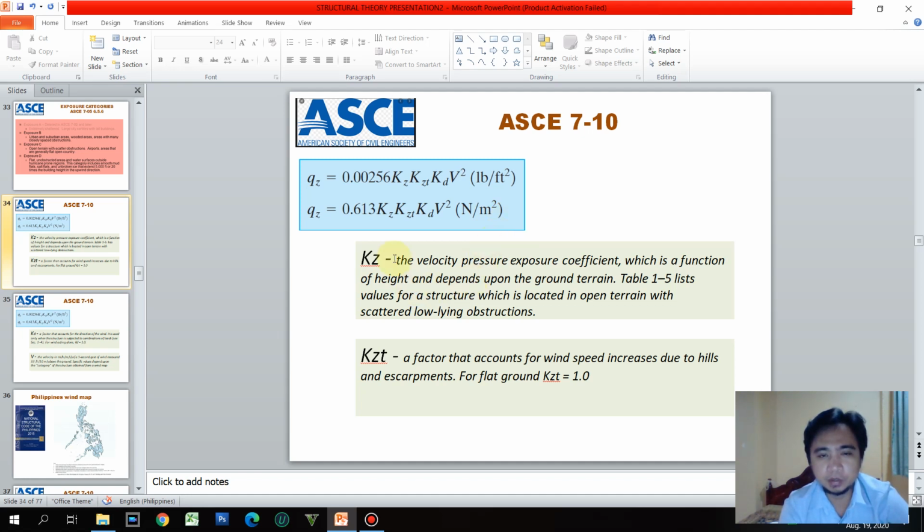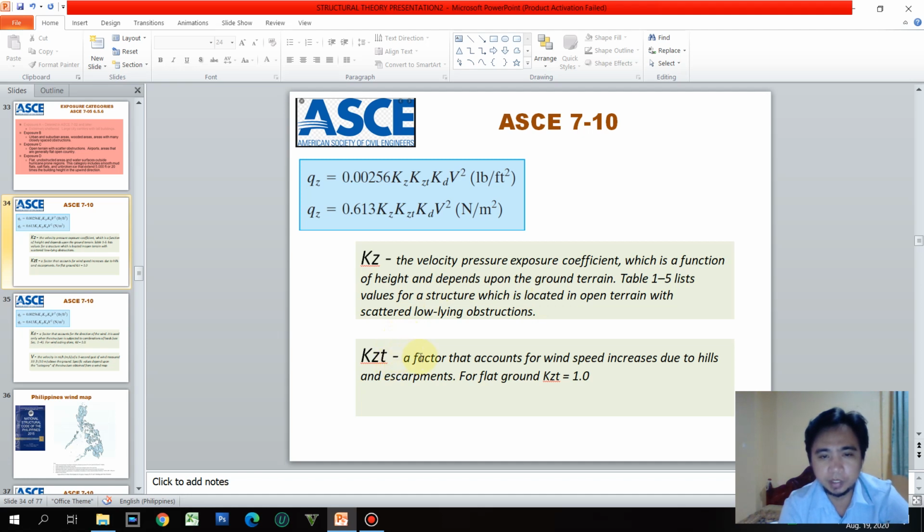For the definition of each variable, Kz is the velocity pressure exposure coefficient, which is a function of height and depends upon the ground terrain. Table 1-5 lists values for a structure located in open terrain with scattered low-lying obstructions.